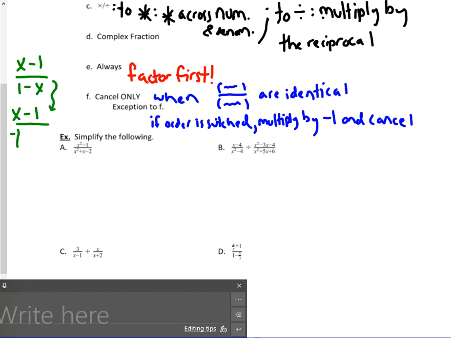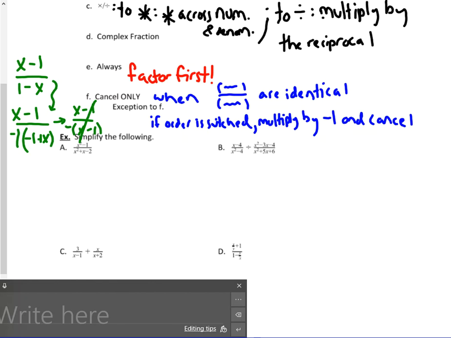So -1, and then we are left with -1 plus x, or when we rewrite this again, x minus 1 over negative x minus 1. So if the order between these variables is switched, if there's subtraction, just multiply by -1 or factor out a -1, same thing, and then cancel.